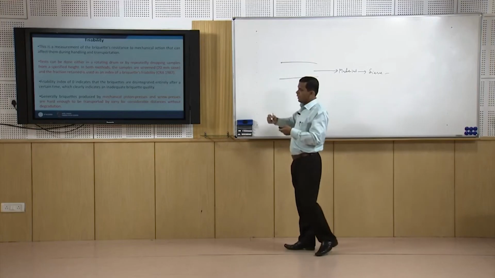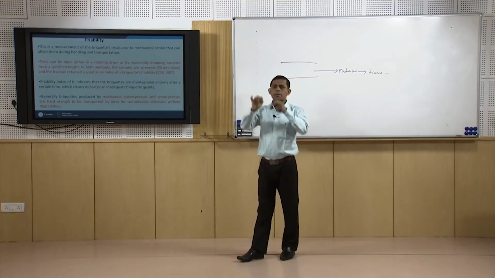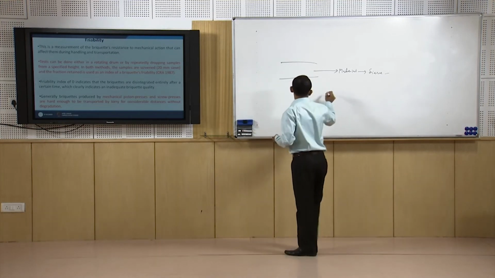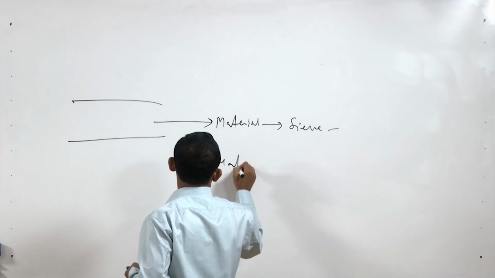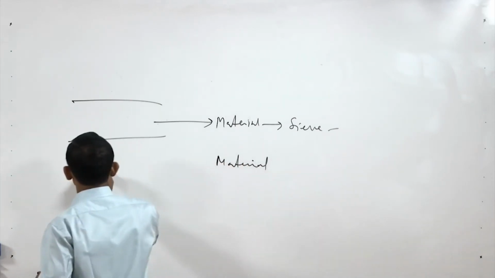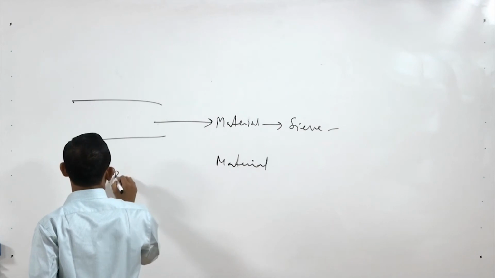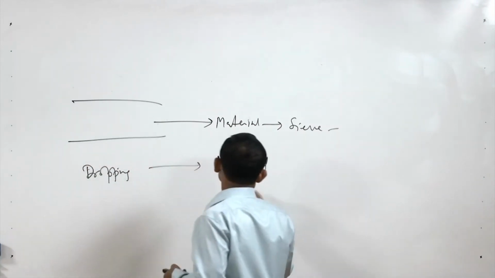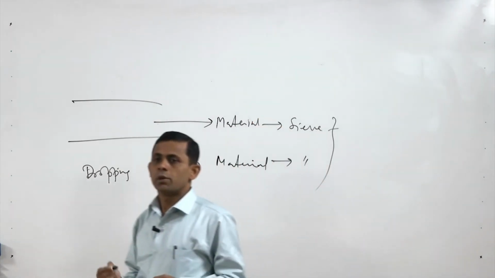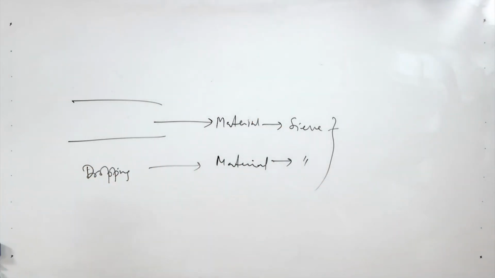Or we can drop it from a certain height several times, then collect the material, and that is also sieved. So, any process we can use, we have to get the final material and sieve it.